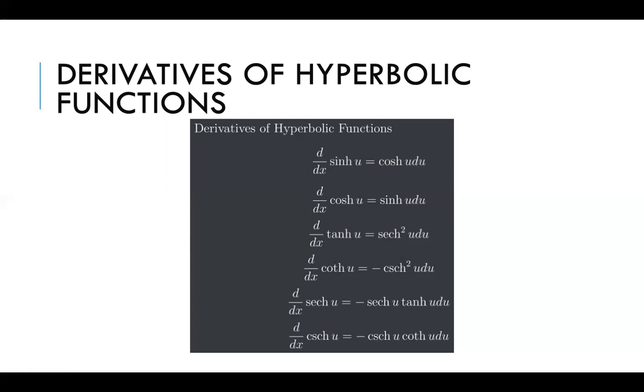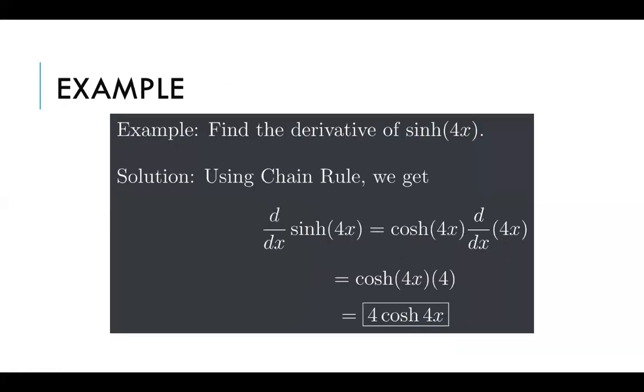However, the difference here is the hyperbolic secant, whose derivative, instead of positive secant tangent, which is the one in trigonometric secant, we have negative hyperbolic secant multiplied by hyperbolic tangent. Then the du for the chain rule. Then the hyperbolic cosecant is pretty much the same as the normal cosecant earlier, which is negative hyperbolic cosecant u, hyperbolic cotangent u du. And now that we're at it, let's try some example problems.